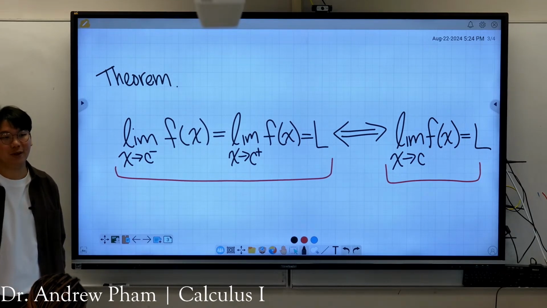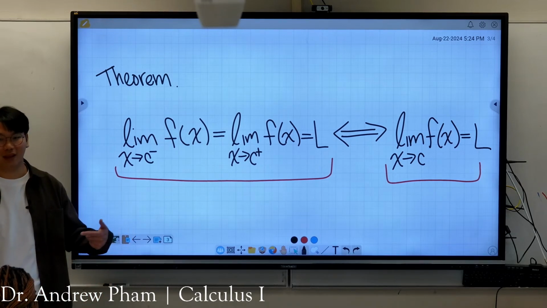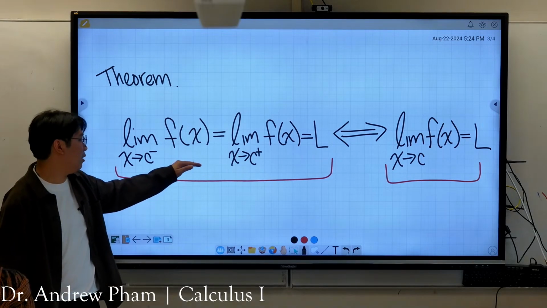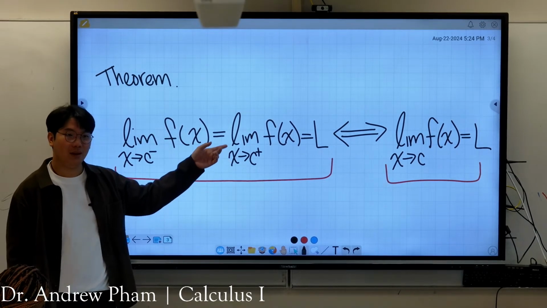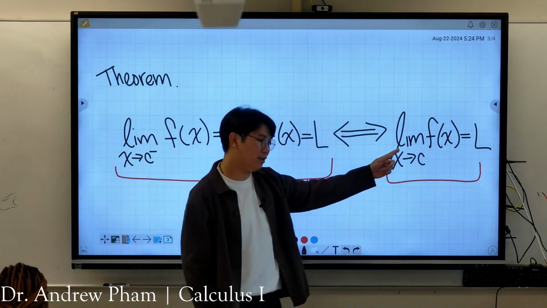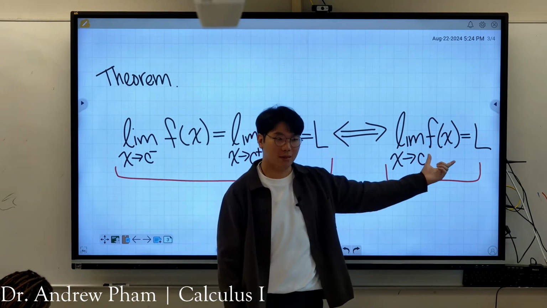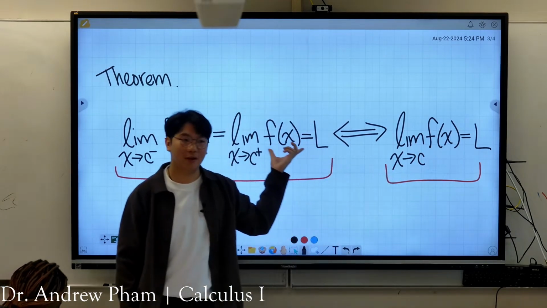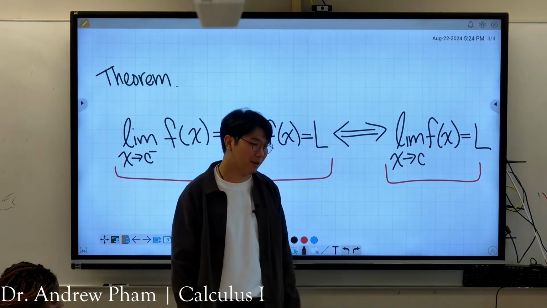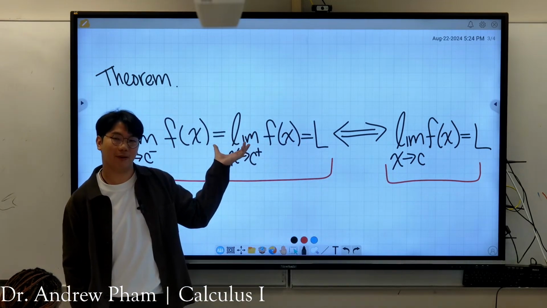The definition of the two-handed limit quite literally says we want to approach the same thing from the left and the right. So if you know the left and the right, you know the two-handed limit. If you have a defined two-handed limit, you know the left and the right as well. So if this was 4, then you know that these are also 4. The only other scenario is if this is undefined, all you know is that these two are different from each other.